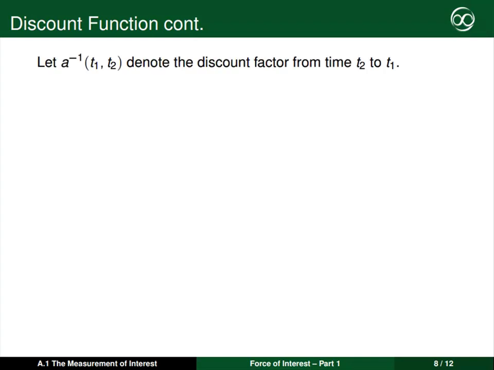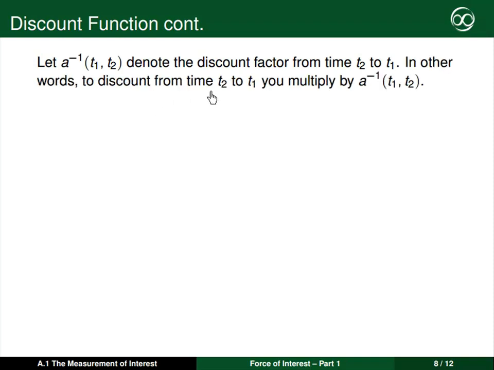Just like we did for the accumulation function, now let's talk about the discount function where we're trying to move money from, say, time 5 to time 2. Okay, so let A to the minus 1 of t1, t2 denote the discount factor from time t2 to time t1. In other words, to discount from time t2 to time t1, you multiply by this factor.